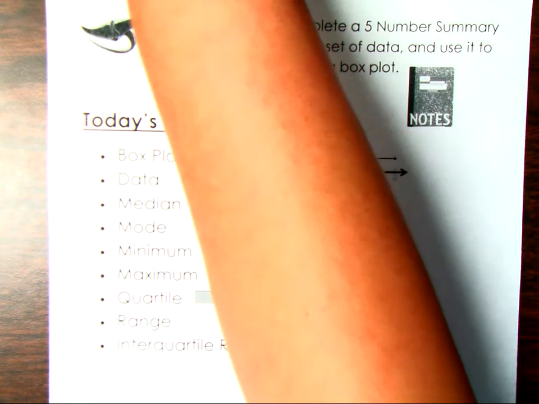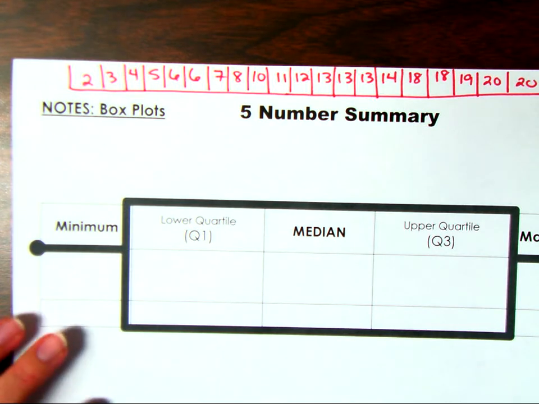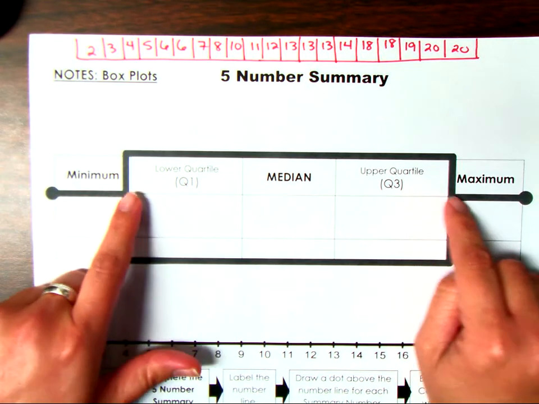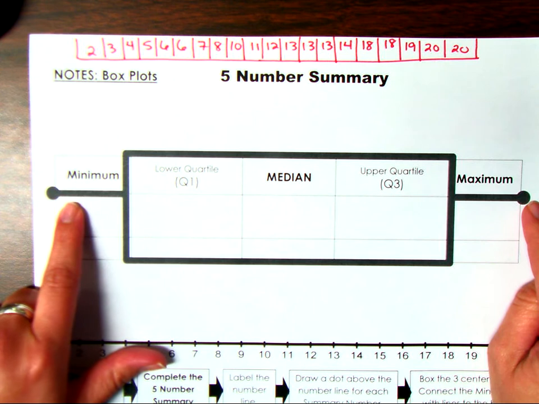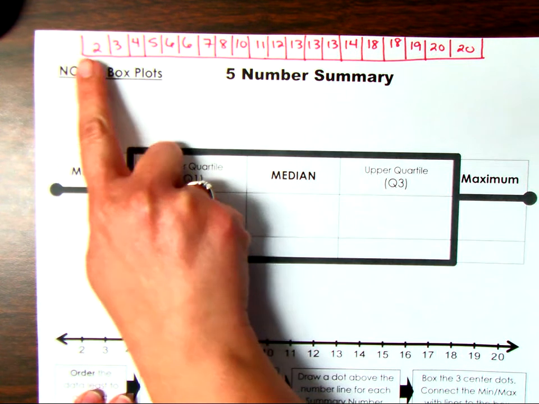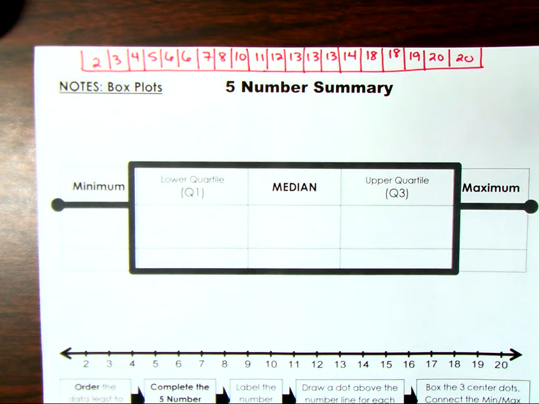Let me show you how we're going to use this box plot. When we have a 5-number summary, let me show you how we're going to do that. A box plot looks like we have a box right here, and we have these 2 endpoints. Let's say that they gave me these numbers, and I went ahead and listed them in order from least to greatest to help us out.